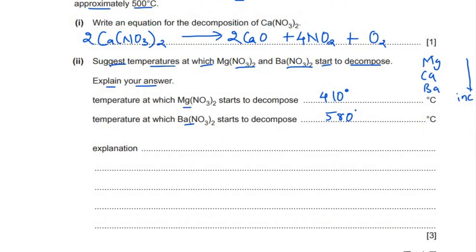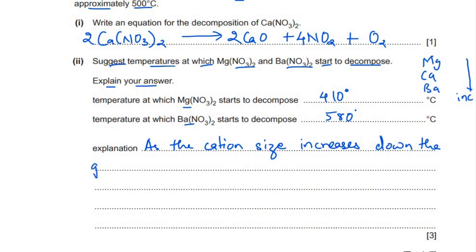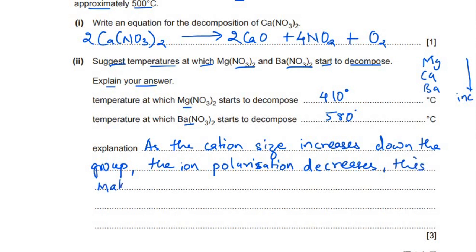For the explanation, I'll suggest that what you need to write is that as the cation size increases down the group, the ion polarization decreases. This makes the NO bond stronger.